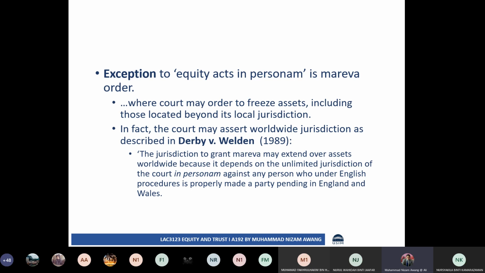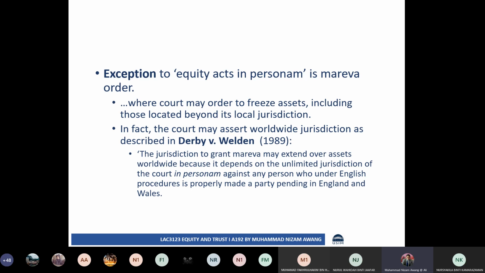Let us take, for example, a case of money laundering, which is a very clear example of a Mareva order. Even though the person is a Malaysian, the court can enforce the order to freeze the asset. A Mareva order is actually a freezing order, where the court can order the freezing of the defendant's assets.